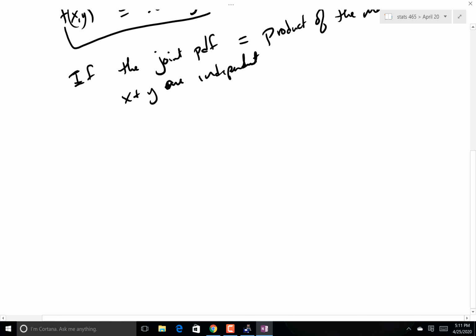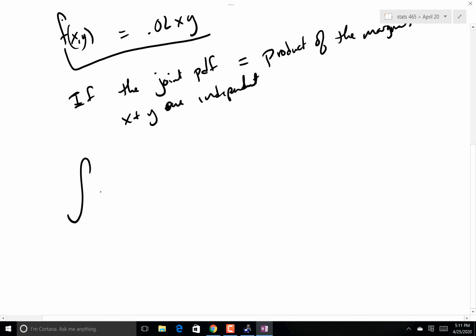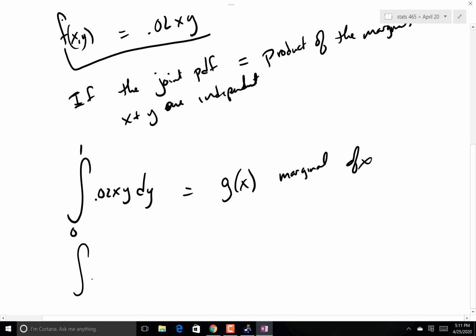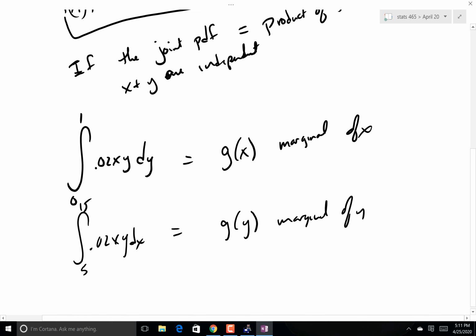Okay. But it gets better, friends, because what if one were to do this? In other words, let's integrate the y's out of this thing. Well, what you're going to be left with is some function of x, and we call this the marginal of x. And if you were to integrate with respect to x across him, what you'd end up with is the marginal of the y's, because all you have left is y values.